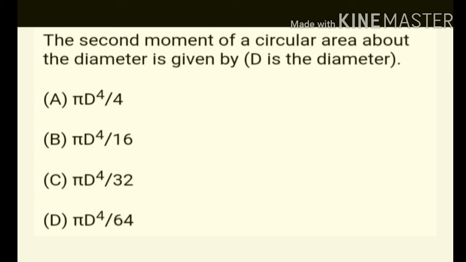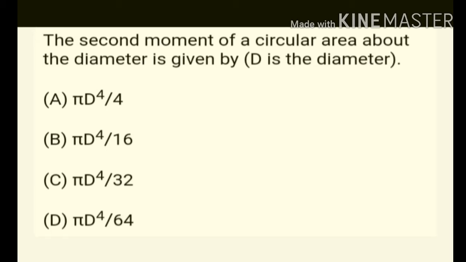Here we have to understand what is moment, what is second moment, what is moment of area, and what is mass moment. See, mass moment or moment is mass into perpendicular distance. Similarly, area into perpendicular distance from the point or location about which you want to calculate the moment is the moment of area.